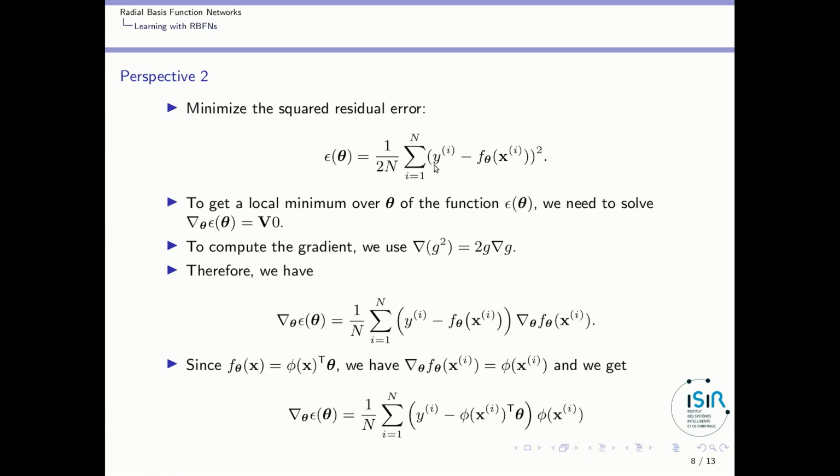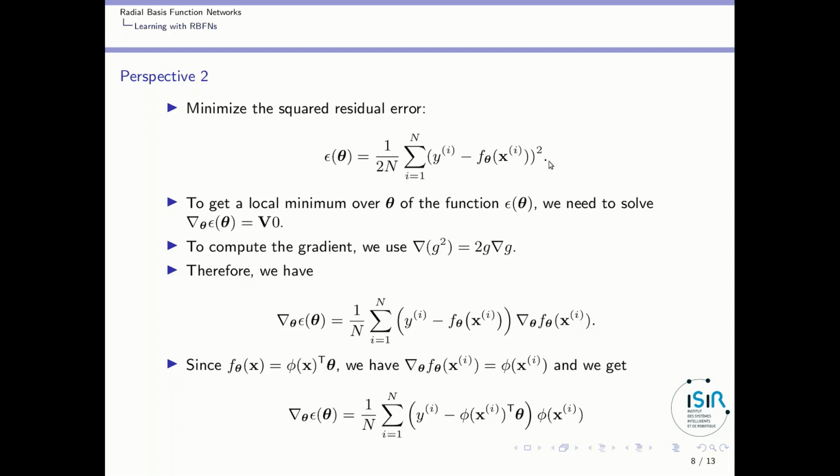That's the output y of your data points minus f of theta, where f of theta is your sum of Gaussian functions, computed in x. So I want to minimize this error, which is the sum over the different data points of the distance between y and f theta squared.